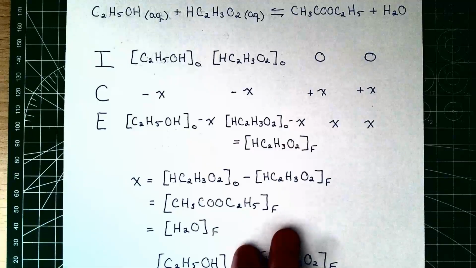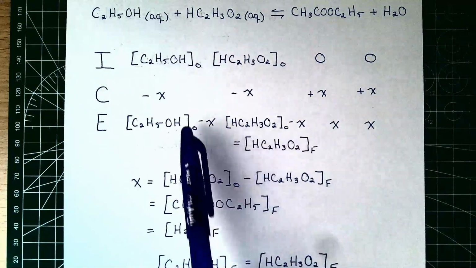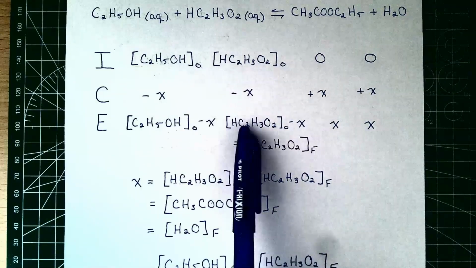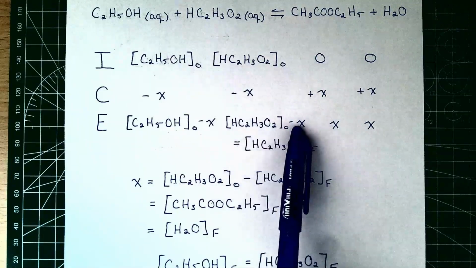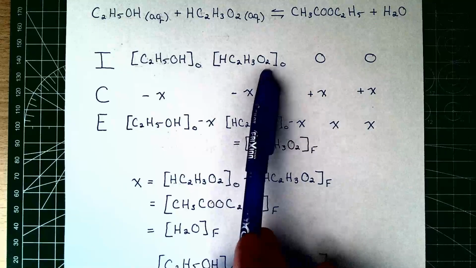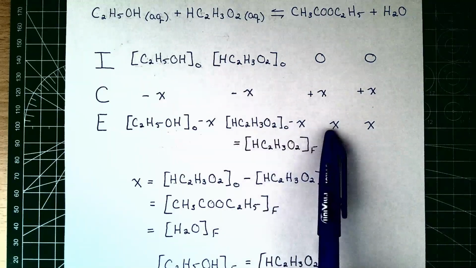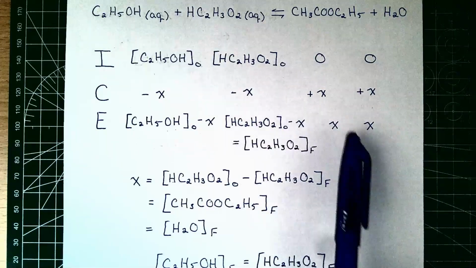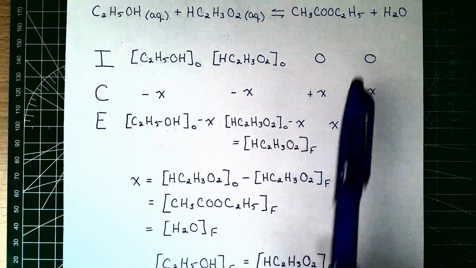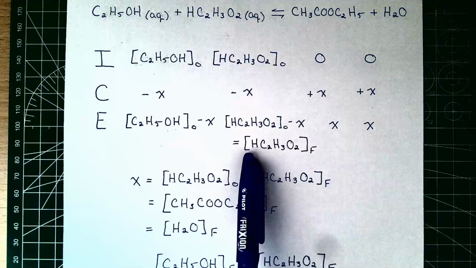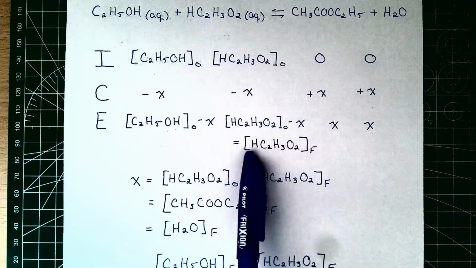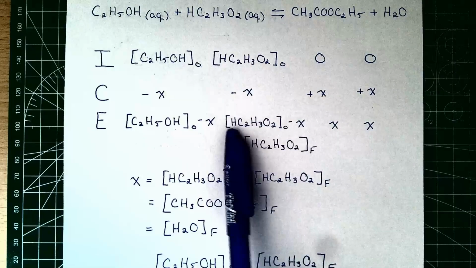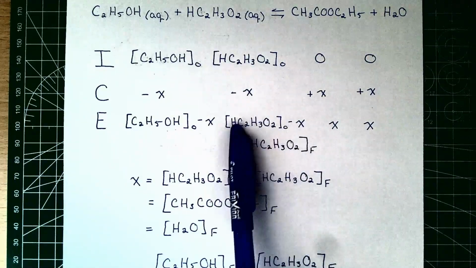When we do our algebra, we get the initial minus x here for the ethanol. We get the initial amount of acetic acid minus x for the acetic acid. We're going to produce x amount of the ethyl acetate and x amount of the water. But what we have is an additional piece of information. We measured the equilibrium concentration of the acetic acid directly.